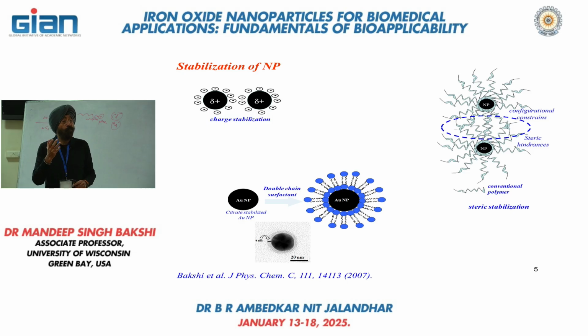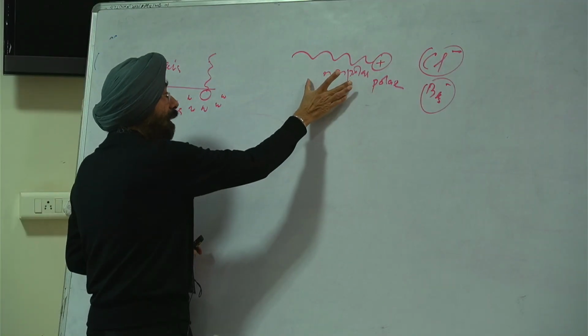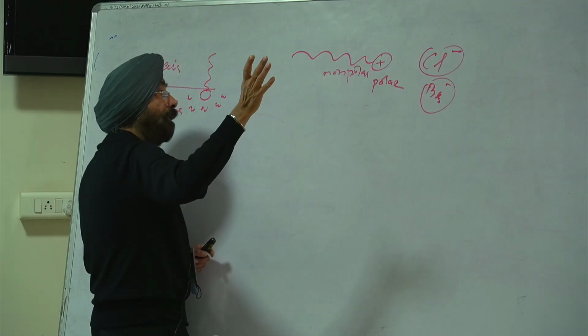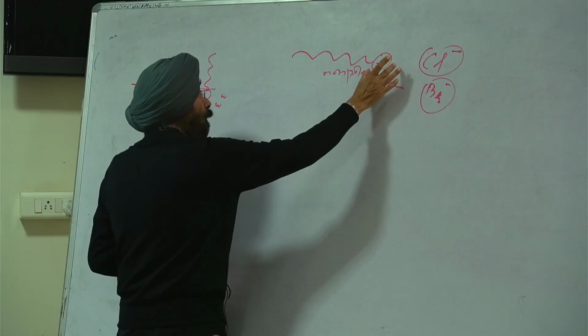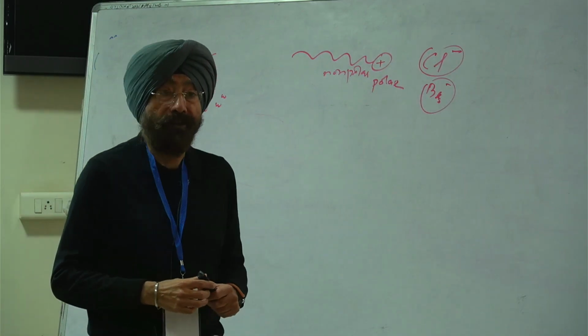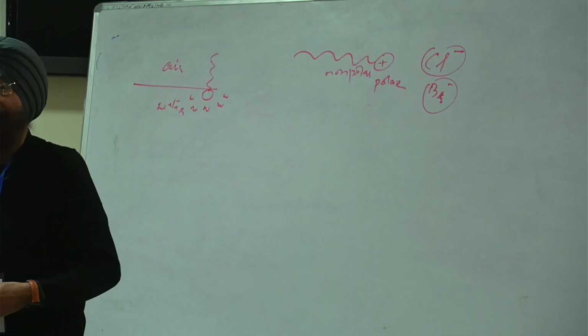What is the meaning of amphiphilic? The molecule that possesses the functional group which can interact with the non-polar entity, and the functional group which can interact with the polar entity. That is an amphiphilic molecule. So the polymers are amphiphilic. So you have to choose an amphiphilic molecule.